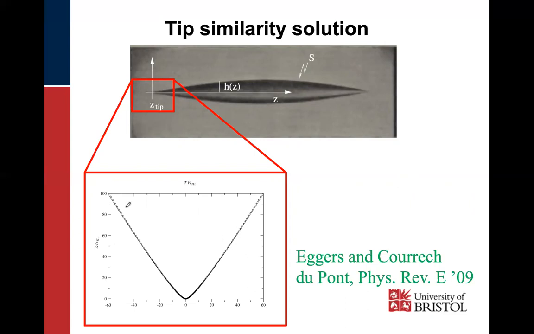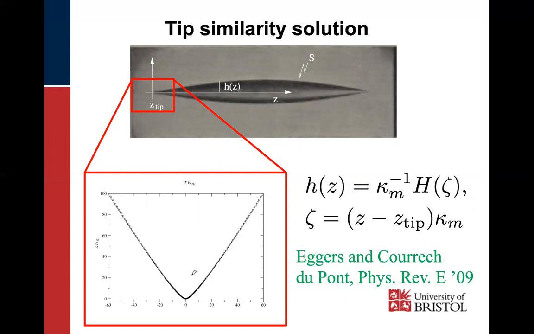I don't even know which is which, but the message is that regardless of the global geometry of the flow, if you rescale in the similarity way, that is, if you plot things as a function of the distance from the tip and you represent everything in units of the inverse curvature at the tip, everything collapses towards a universal shape. So that's the first idea.